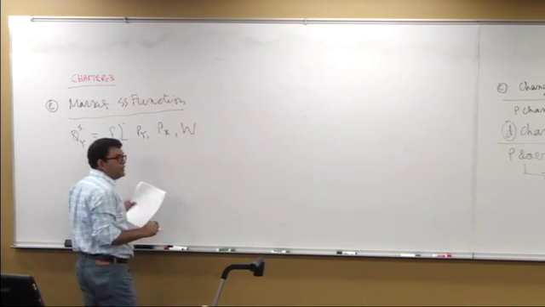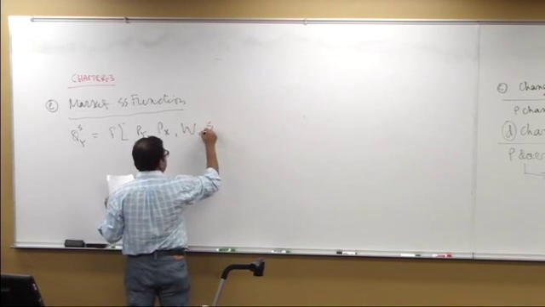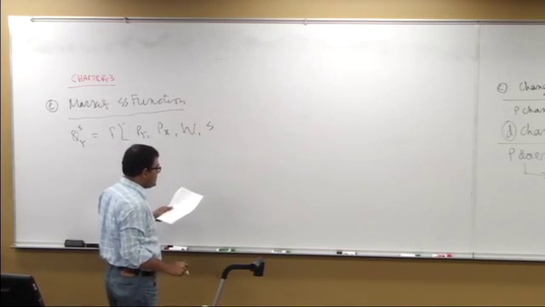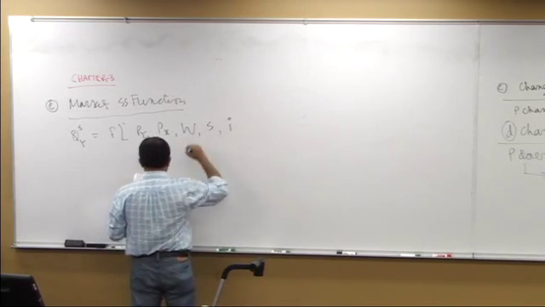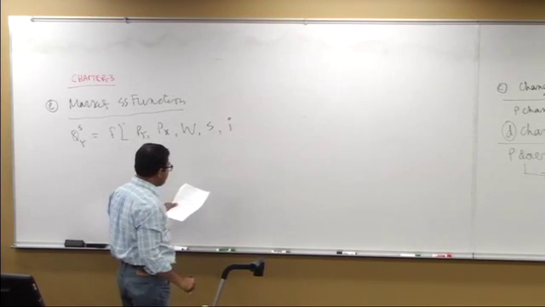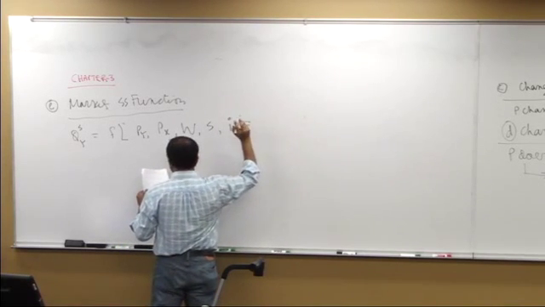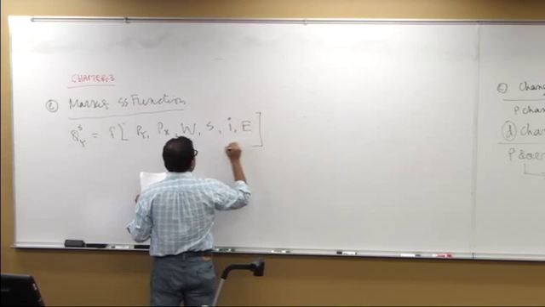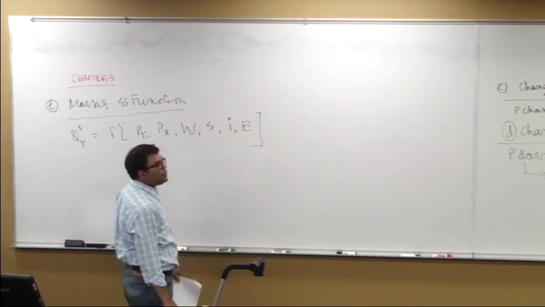W is the price of one of the factors, mainly wage. S is the price of another factor, which is the cost of raw materials. I is interest rate, and E is the cost of energy.